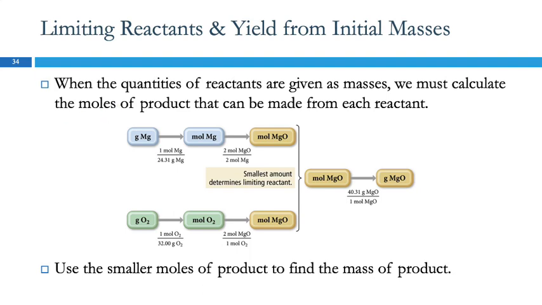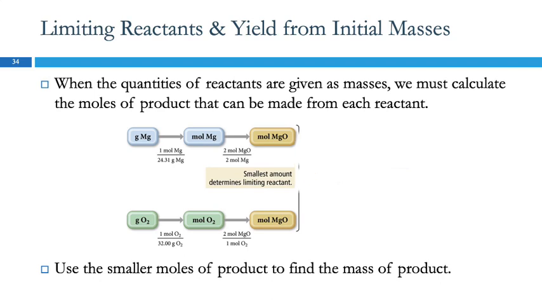It's just not my preferred method. So you take one reactant and figure out how many moles of product that would make. You take the other reactant, figure out how many moles of product that would make, and choose whichever one is smaller, and the smaller one you convert to grams of product for your final answer.